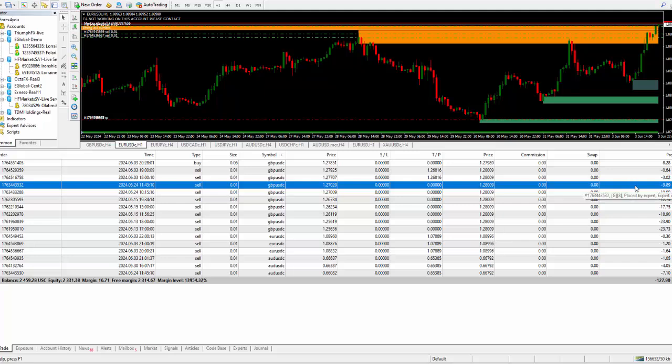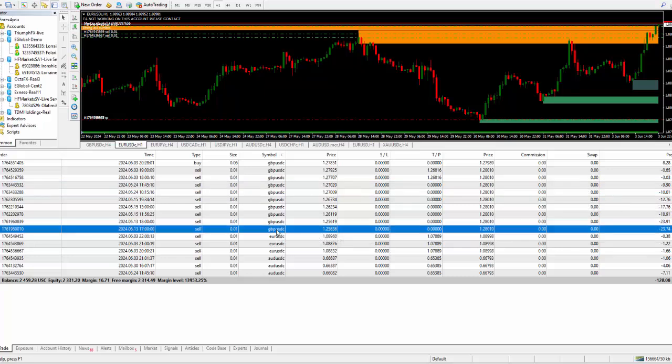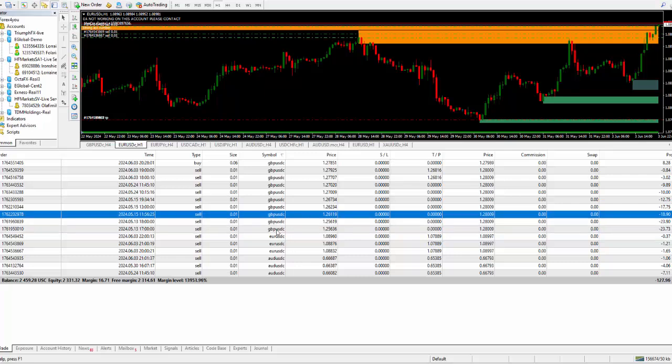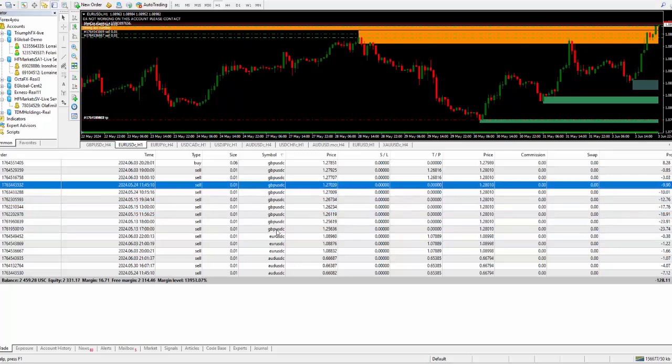This is 1. This is 2. This is 2. Oh, 1, 1, 1. That means I'm the one that made a robot mistake. That's why we need to be very careful when we are doing a rollover. 1, 2, 3, 4, 5, 6, 7. And this one is 7 before we close one lot size out of it. So then it's fine. We are still secured.